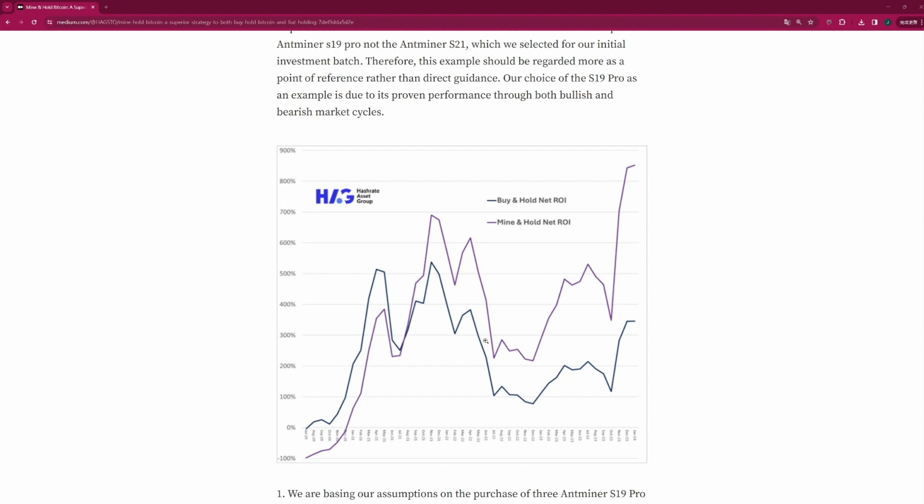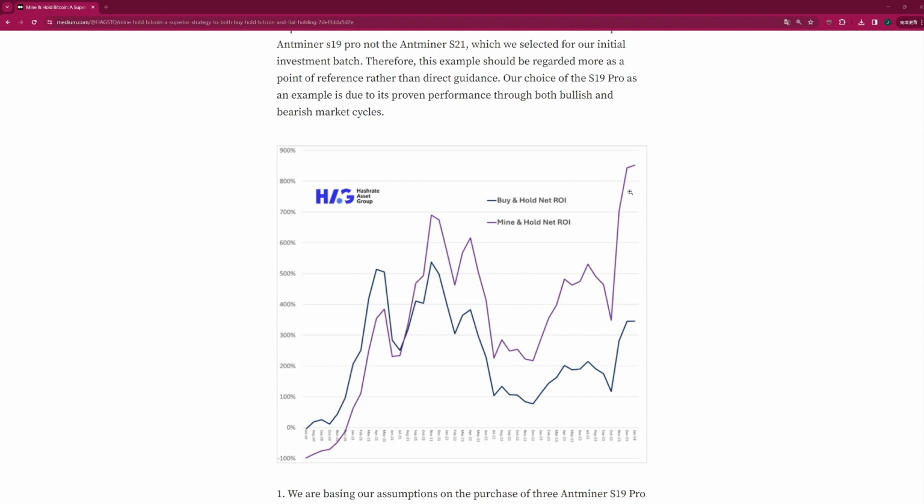So I could tell, around January this year, the result will be about 300 plus percent for buy and hold Bitcoin, but the mine and hold ROI could get you about 800 more percent on the ROI.